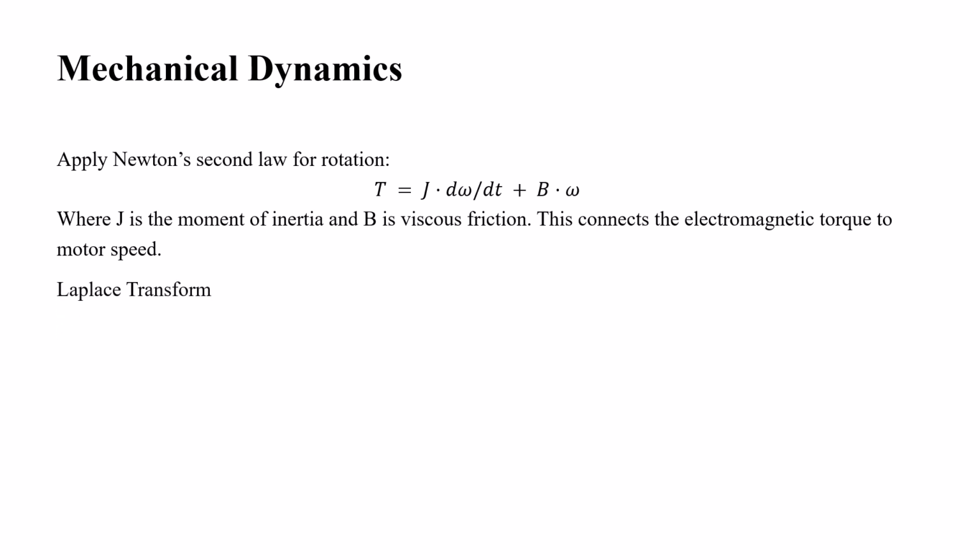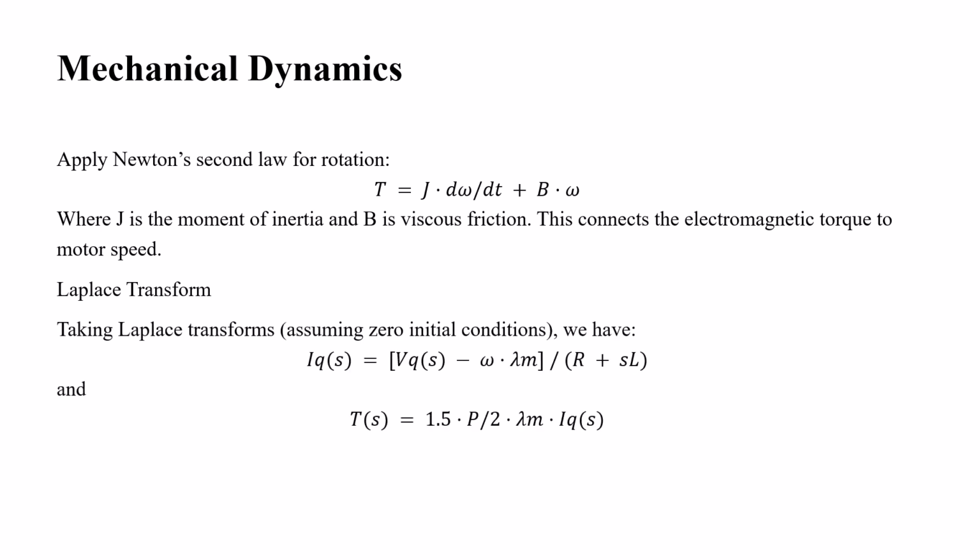And the next one is that we need to transform all the above equations to the Laplace transform. On transforming the equations, we already know we have the initial assumption that the initial conditions are zero. Then when we apply that, automatically the q component will equal the voltage component, with respect to the angular position and the resistance and inductance fed into it, and also with respect to the torque equation.